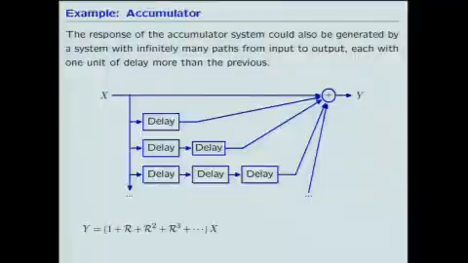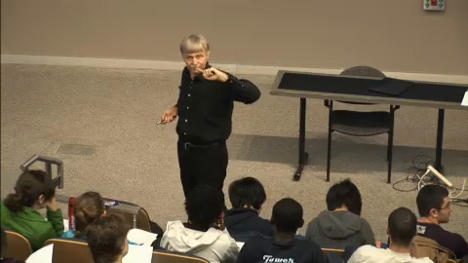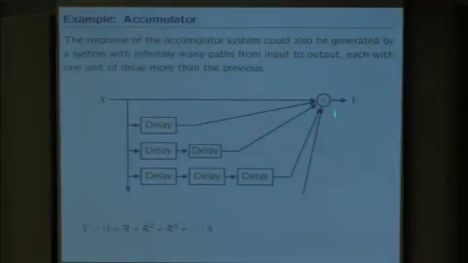In fact, there is a prescriptive way to figure out the relationship between the input and the output. It's just that it takes an infinite number of delays. Here's an alternative system that would generate the same response to a unit sample signal as was generated by the simple feedback system. It needs to generate the answer 1, 1, 1, 1, 1 when the input is just 1.